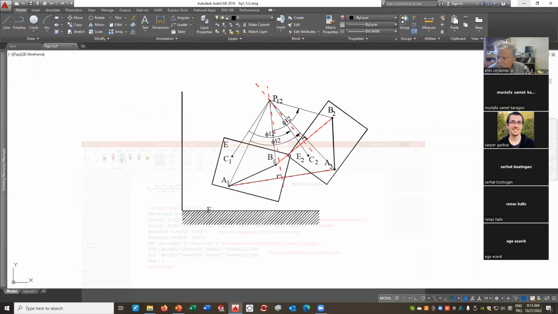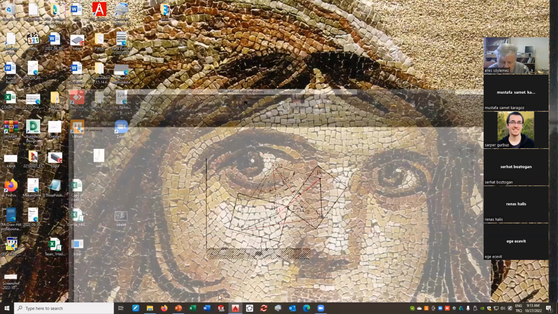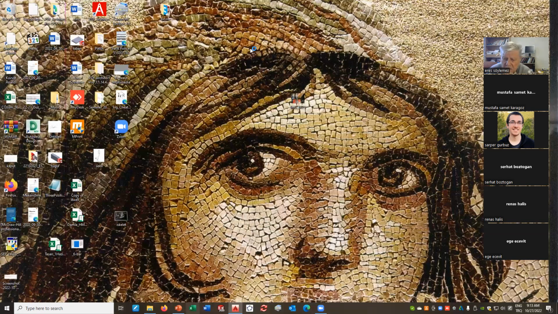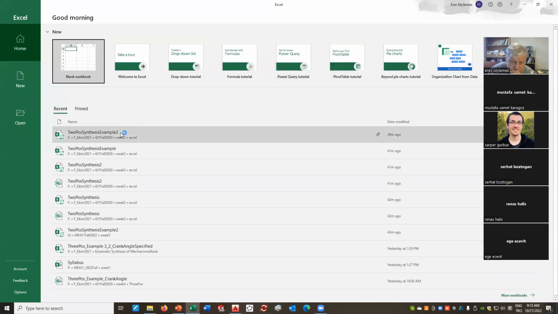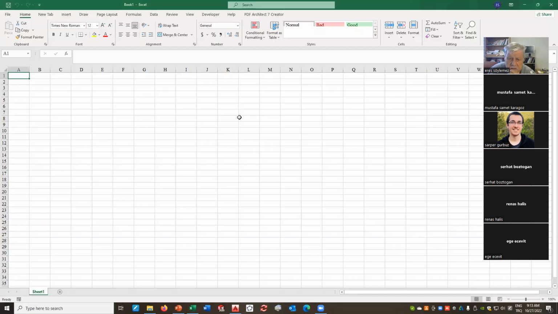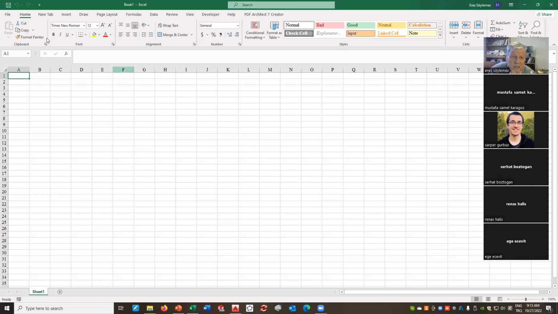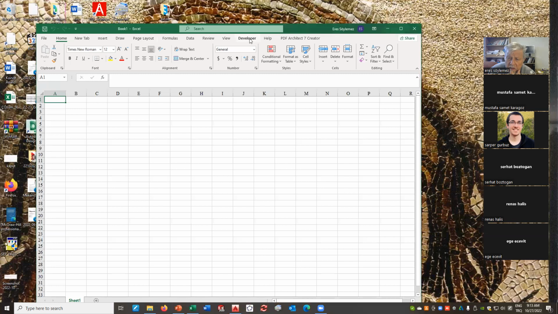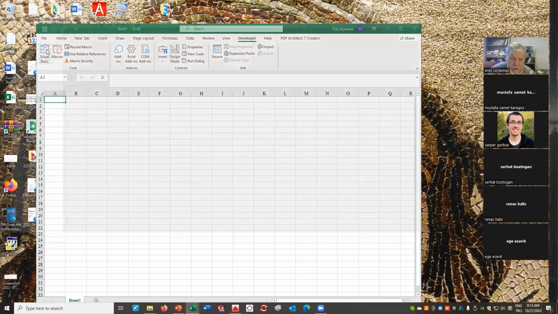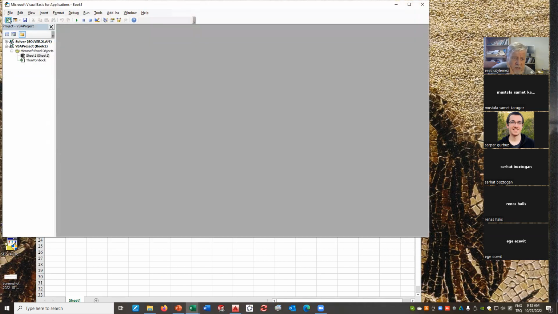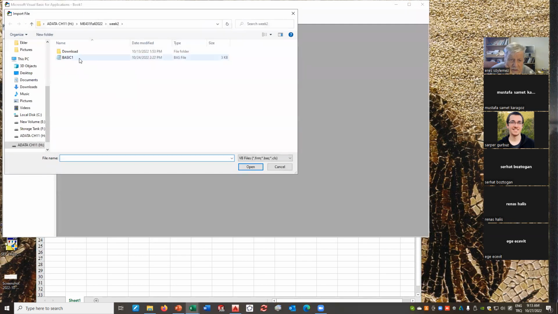What I will do is very simple. I'll turn on an empty sheet. All you have to do is go to the developer menu, Visual Basic, usually file, import file. I will go to basic.